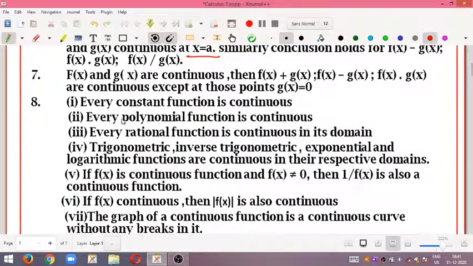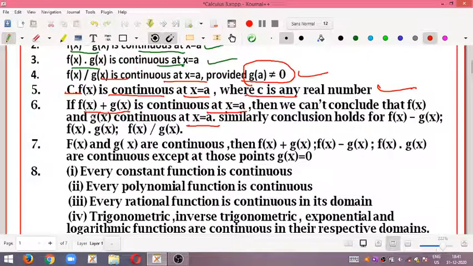But here in the sixth point, observe carefully: if f of x plus g of x is continuous at x is equal to a, we can't conclude that f of x and g of x are continuous at x is equal to a. Similarly, the conclusion holds for subtraction, multiplication, and division also.